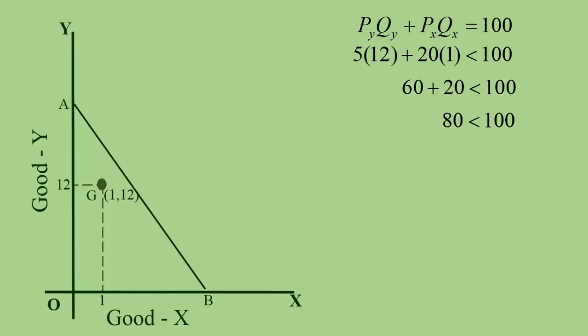Take any combination in this region for that matter, they will not exhaust his income. Hence, the consumer will not prefer them. He will prefer only those combinations that lie on the price line.